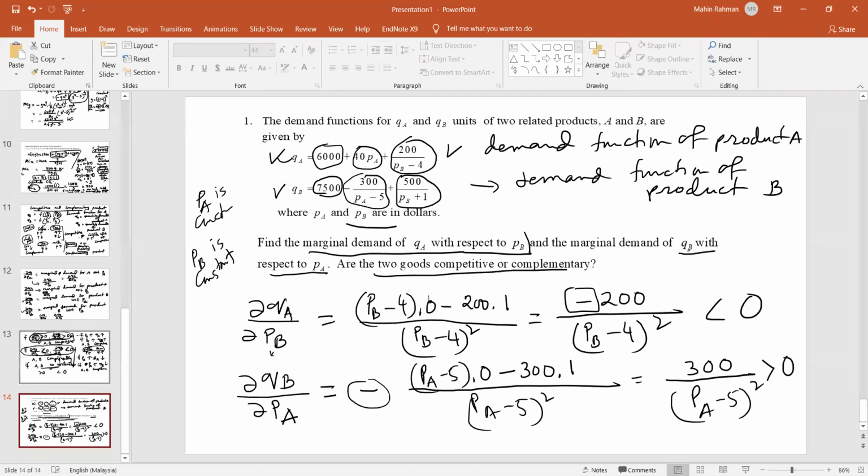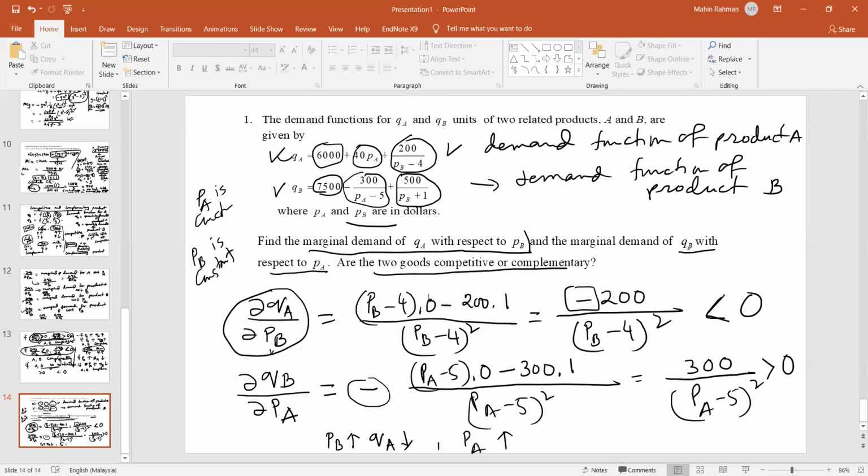So can you tell me whether A and B are competitive or complementary? First, try to understand this one. It is negative, so that means if PB, the price of product B, is increased, then QA will be decreased. And this one is positive, so if PA is increased, QB is increased.